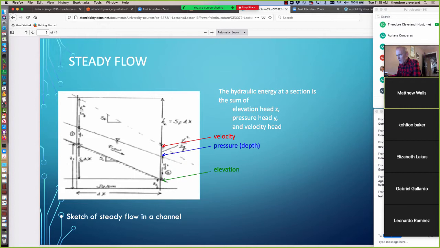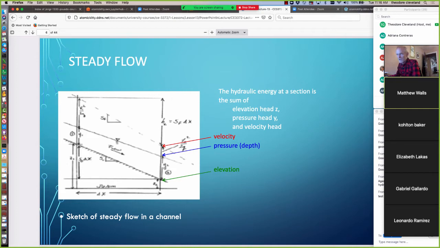Then we move up in the water column a distance which is labeled here as Y2, so that's the depth of the water at that point. And that depth is going to play the same role as pressure did in our earlier Bernoulli equation. And so the elevation plus this depth actually gives us the static head in the system. And then if we were to move up from the water surface to the energy grade line, which miraculously doesn't appear in real life, it's not like there's energy grade lines floating above anything.